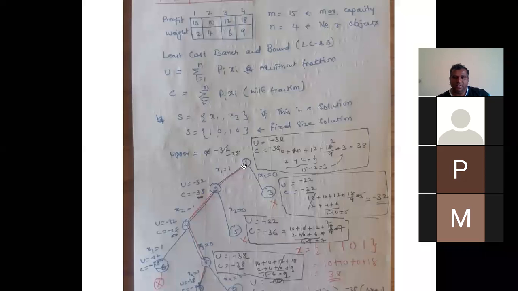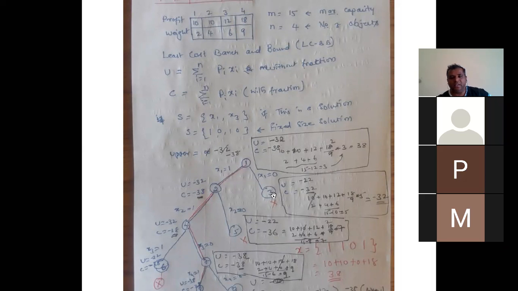Now for the next level nodes, with considering the first object is the left subtree, and without considering the first object is the right subtree. With considering the first object, when you find the U and C values using the same technique, the U value is the same as the parent node and the C value is also the same, minus 32 and minus 38.